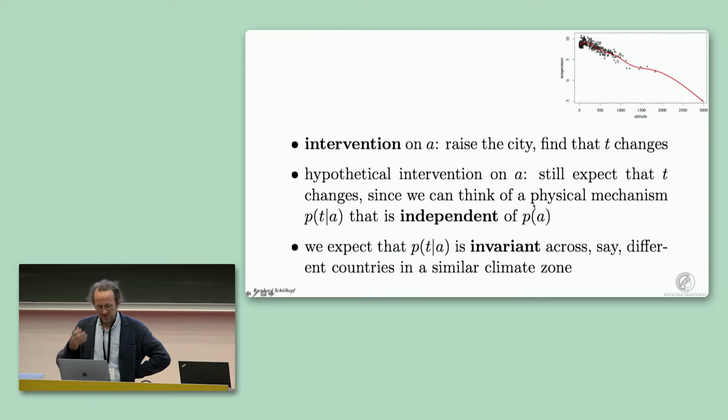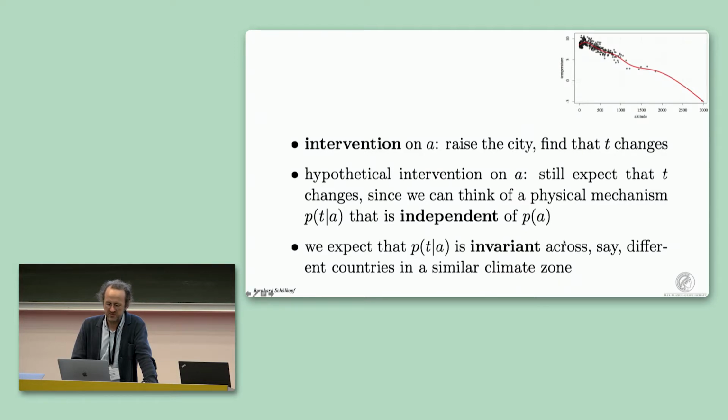And some introspection would probably tell you, well, it's plausible to think this will change, because even though we might not know in detail or might not remember our high school physics in detail, we would be willing to think there's a plausible physical mechanism that, given an altitude, somehow produces a distribution over plausible temperatures for places with this altitude.